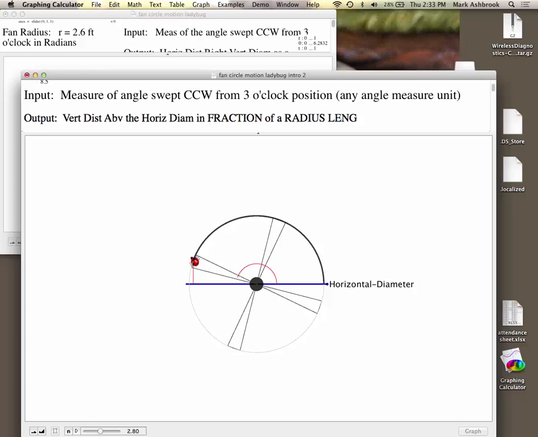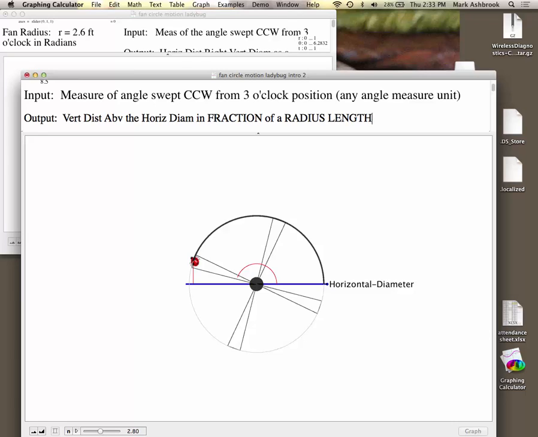We could say radius lengths, that would be fine, but I think this underscores the point that most of the time we're going to get a fraction of a radius length. We're not going to ever get 2 radius lengths, right? The most we can get is 1 radius length at the top of the circle. So it's going to always be a fraction of a radius length.